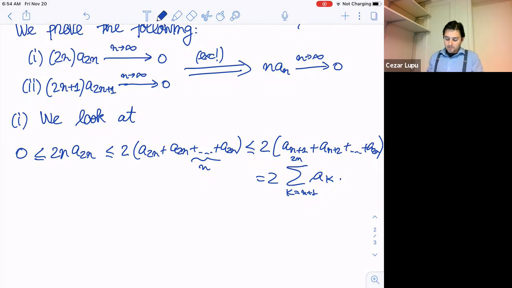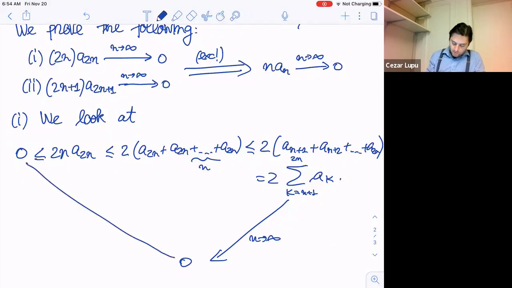So this guy, as n approaches infinity, will converge to 0, right? And this will converge to 0 as well.